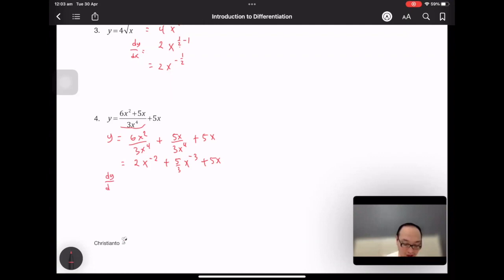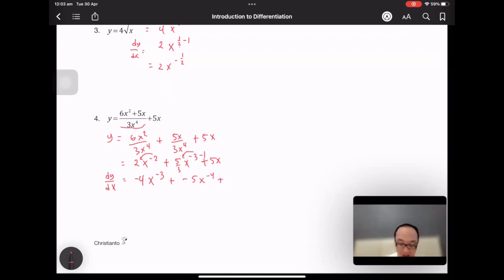So the first derivative dy/dx is equal to, we multiply the negative 2, so it's negative 4x, and then we subtract 1 from the power, so it becomes negative 3. Plus, we multiply the negative 3, it's minus 5x, and then we minus 1 from the power, it's negative 4.